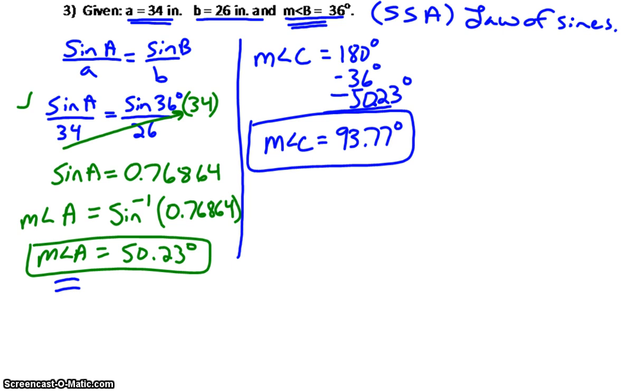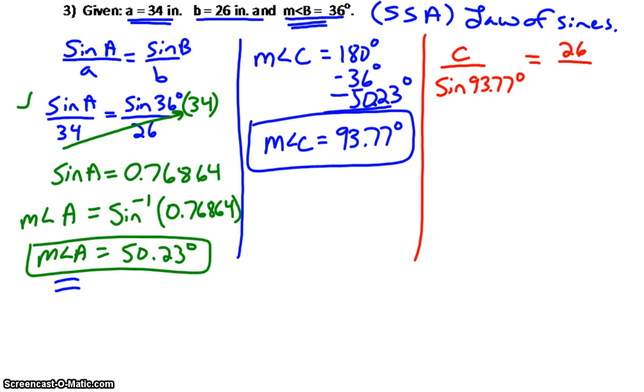So I've got 2 of my unknowns. The last unknown that I need to find then is the side of C. So when I'm going to do the side of C, I put my unknown on top. I now know that it is over sine C, well, that is 93.77 degrees, and that will equal then my 26 for side B over sine B, which is 36 degrees.